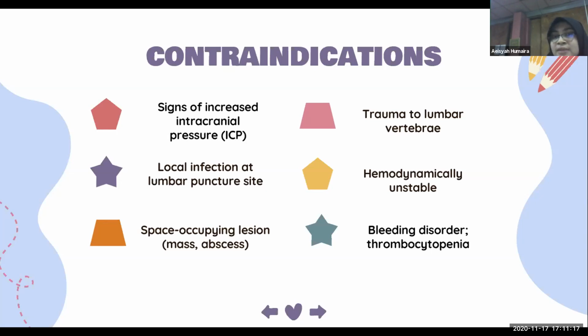It is a relative contraindication when patients are hemodynamically unstable, such as children with shock. Children with shock need to be resuscitated first before lumbar puncture. Also when the patient has a bleeding disorder, such as severe thrombocytopenia, because of the risk of spinal hematoma.